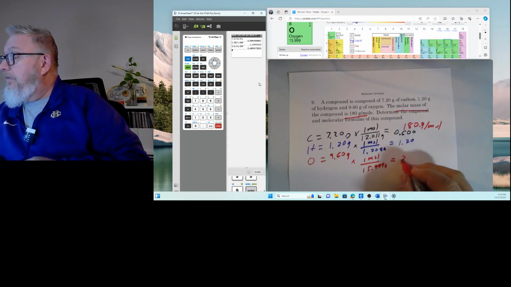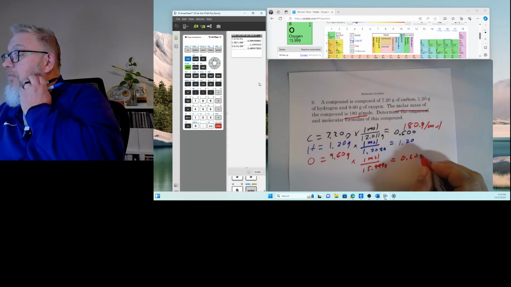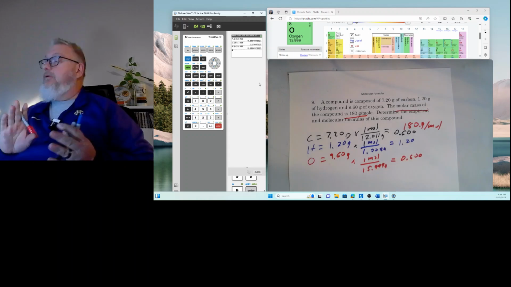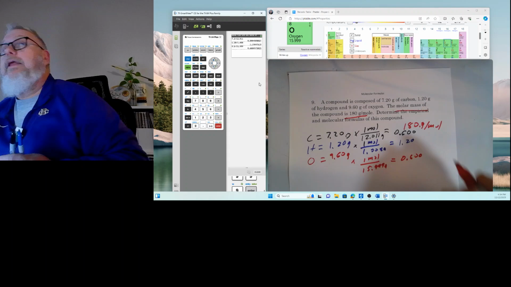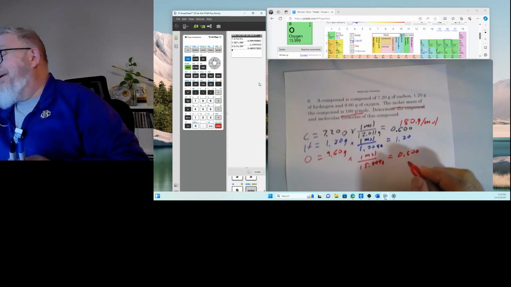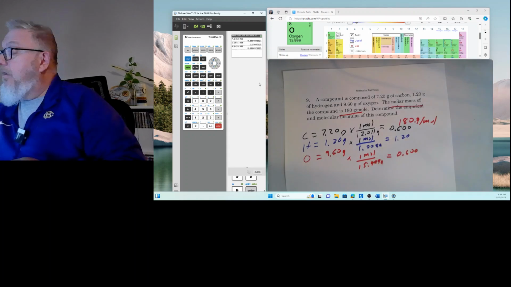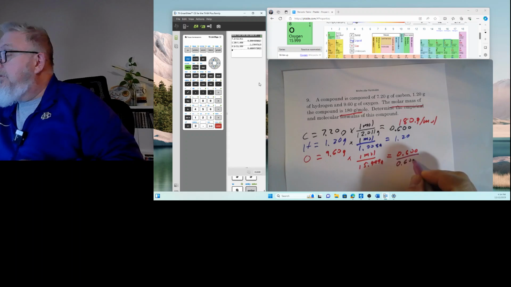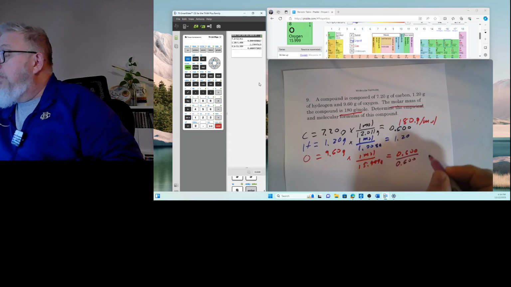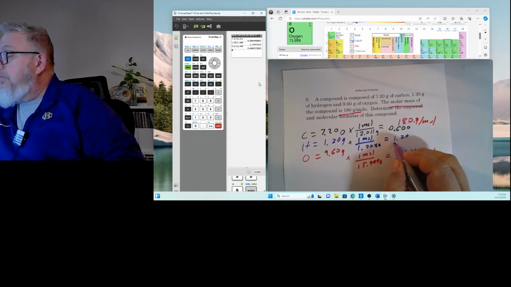These are moles. So my next step, I've got to find my least number of moles. Looking right here, it's going to be, well, either one of those. It's 0.60. So now I'm going to divide all these by the least number of moles, 0.600. That's going to give me 1. That's going to be 0.600.